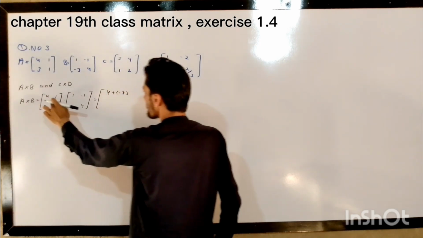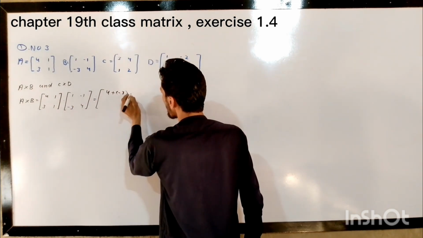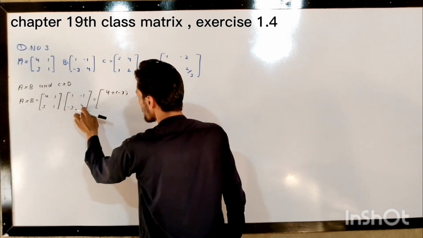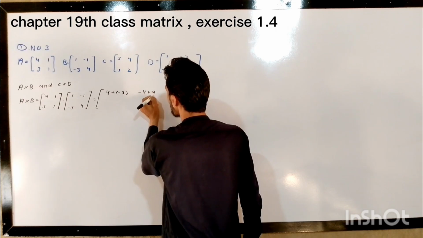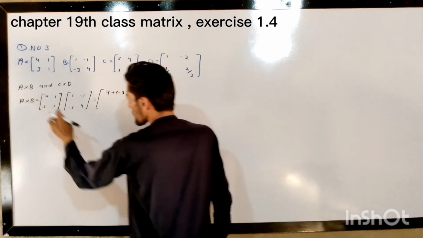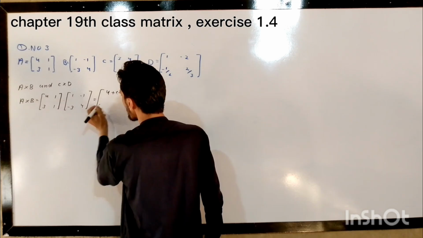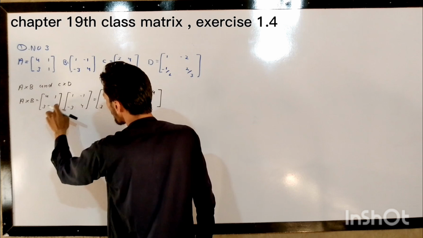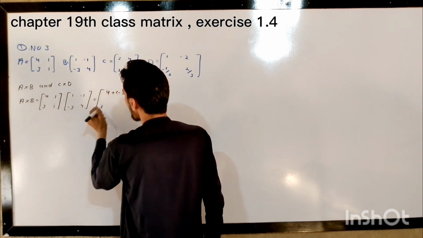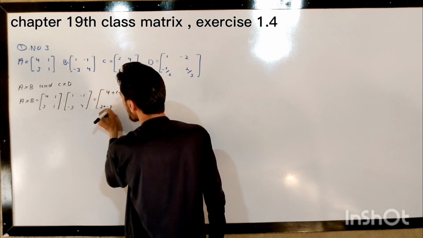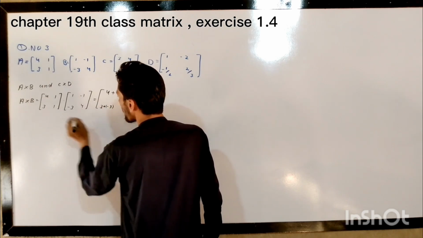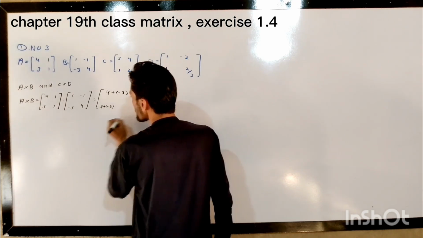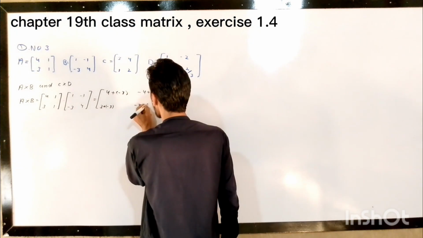Now 1 cross minus 1 is minus 1, plus 1 dot 4 is 4. The second row, 3 dot 1 is 3. Now 1 dot minus 3 is minus 3. Now 3 dot minus 1 is minus 3, plus 1 dot 4 is 4.